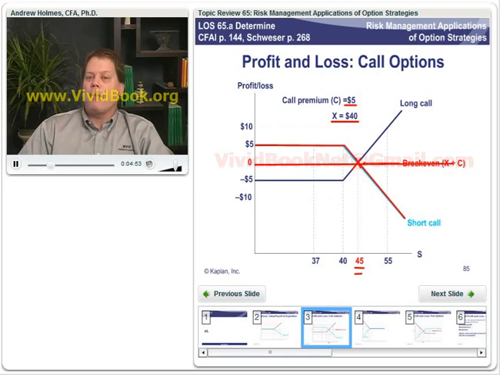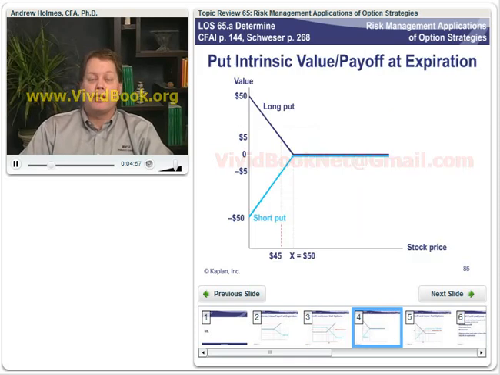What about put options? When we talk about put options, this of course we've said is a bearish position. That means you benefit when the price falls. So if we're looking at a put option with an exercise price of $50, if the price is up here at 55, do I exercise my right to sell stock for $50 when it's actually worth 55? Well, no, I don't. So when the stock price is above 50, this is where the option is out of the money.